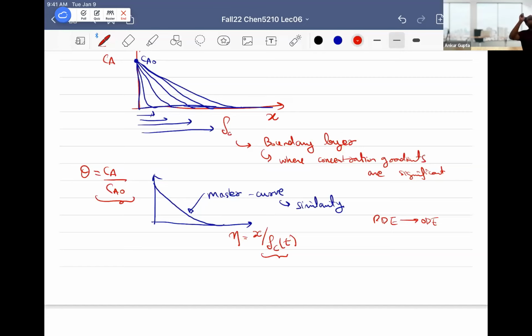So this is the idea, PDE to ODE: CA of X comma T goes to a function of theta. Any questions on the idea? Does it make sense? Yes. Absolutely, kind of collapsing them on this one curve.